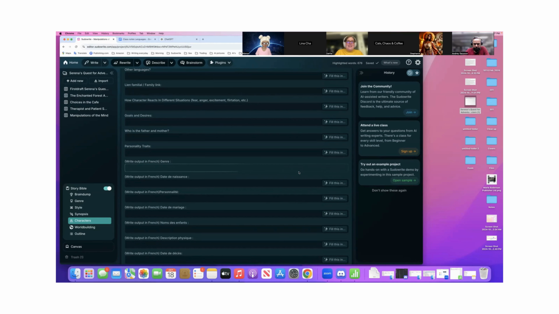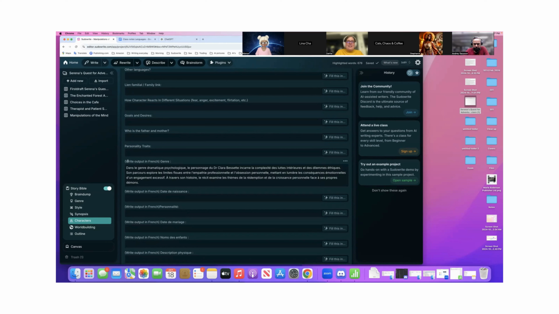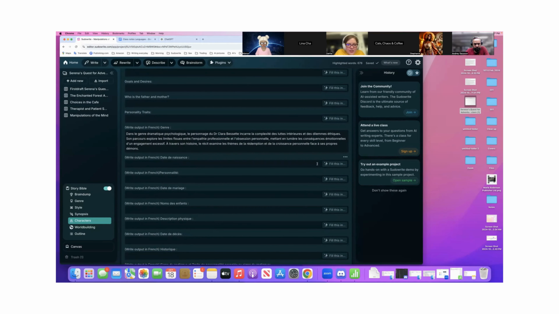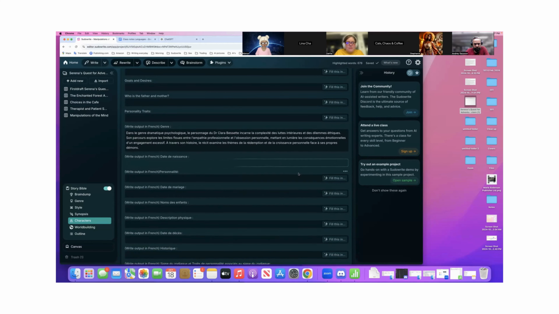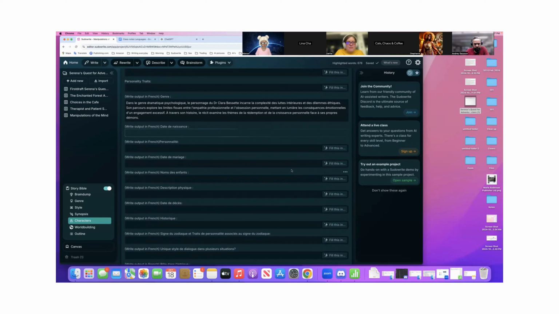So I'm saying if it's going to do what it's supposed to do, see, because these are written output in French, the genre, so it's giving me in French. I don't even have to write anything in here. It's going to give me, so they're all in the bottom.